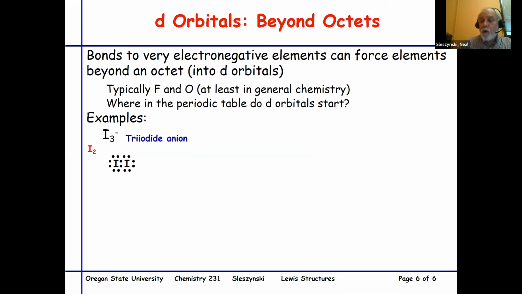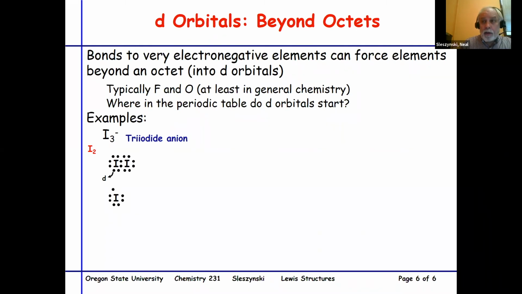But if we can force this stable iodine molecule to bond to another iodine atom, we've got again 7 valence electrons. Both of the iodines in I2 have completed their octets. The only way we can form an additional bond is by taking one of our non-bonding electrons and promoting it into an empty d orbital.